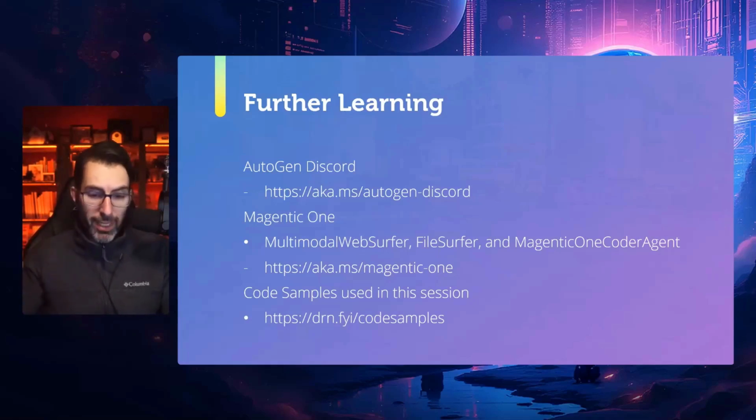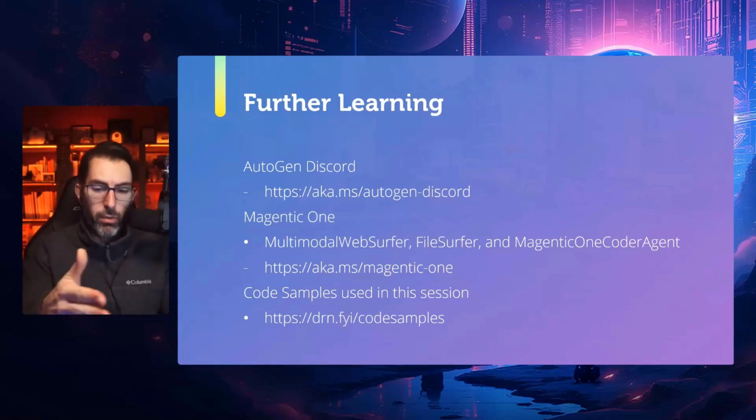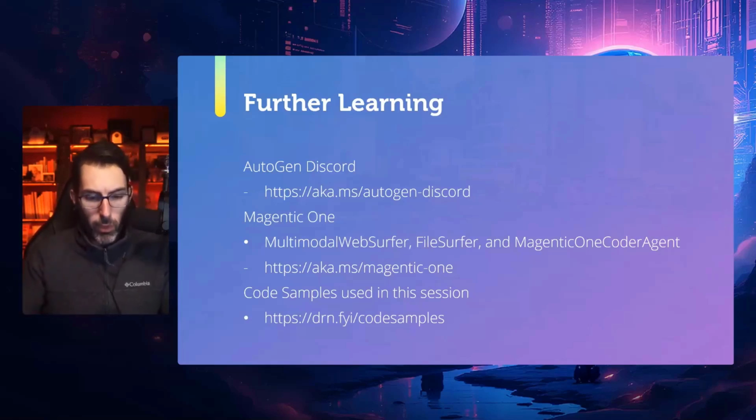I wanted to put the link in because it has some higher level functionality like a multimodal web server, file server, and a coder agent that comes out of the box, instead of you taking the primitive agents and starting to build on top of that.